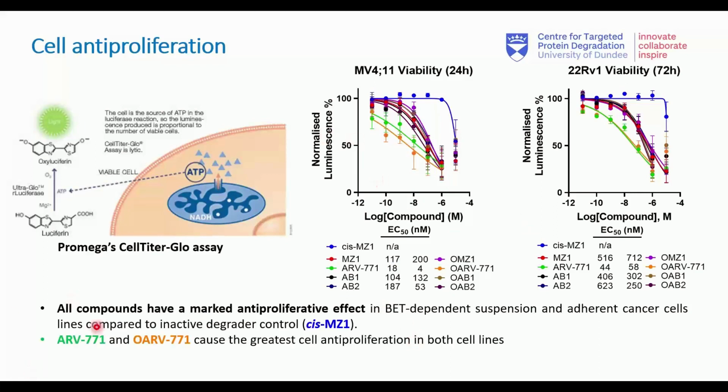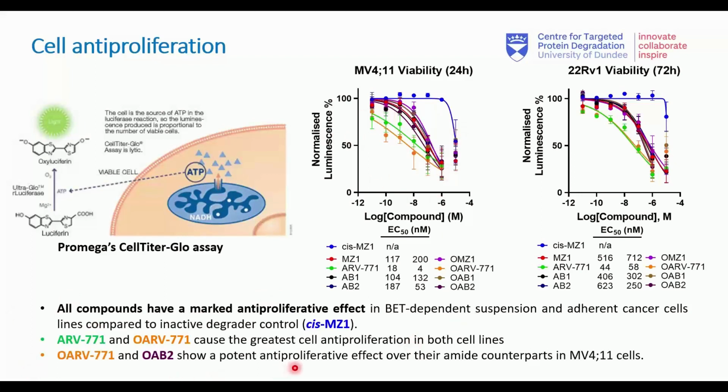You can see from this data that the ARV compounds are actually the best in both cell lines, and OARV-771 and OAB2 show a potent antiproliferative effect over their amide counterparts in MV411 cells, and you see here with the values, 18 and 4, a big increase in potency.